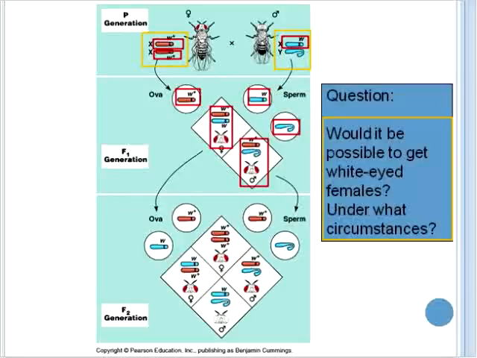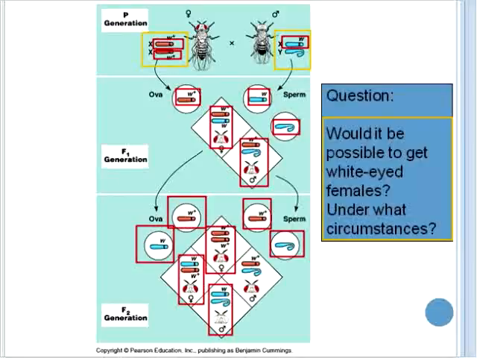When he crossed the F1s, the resulting female could produce an X with a wild type, an X with a white. The male would produce an X with a wild type and a sperm with neither. The result would be a red-eyed female, a red-eyed female, a white-eyed male if he received his X from mom with the white-eyed gene, and a red-eyed male.